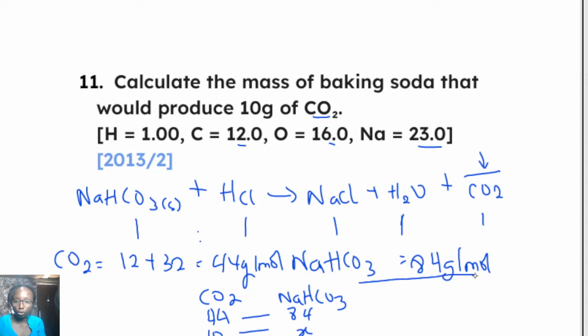So I'll just continue solving here. We have 44x equal to 840, which means x is equal to 840 divided by 44.